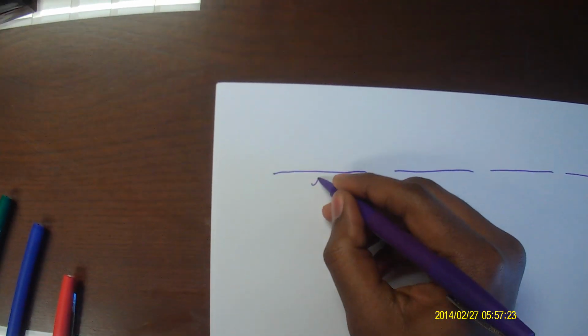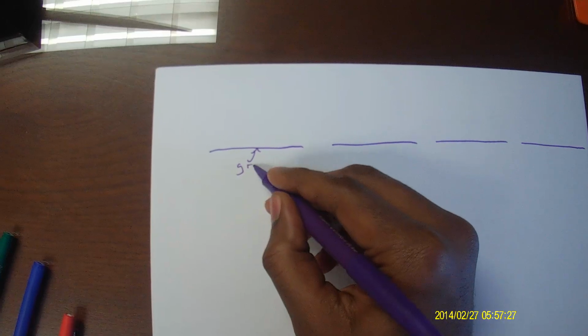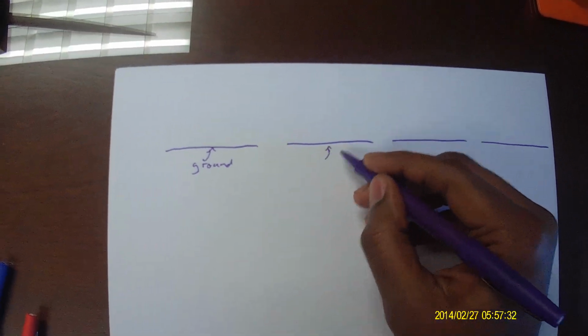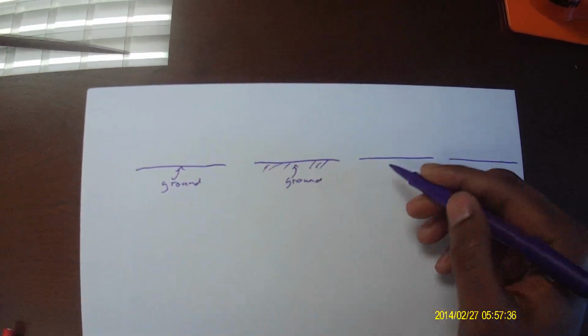Okay, and these lines here basically represent the ground. Okay, so this is the ground.